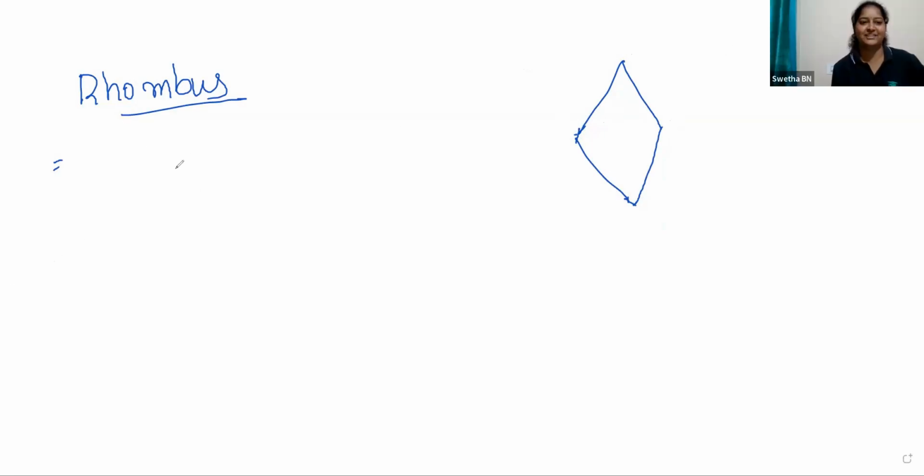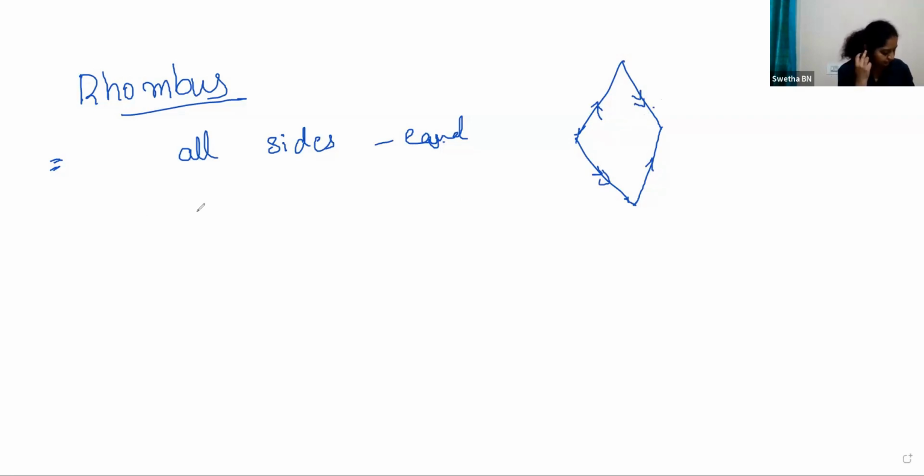Yes, all sides are equal. Then opposite sides are parallel to each other. These two are parallel and these two are parallel to each other. And which angles are equal here? Or all the angles are equal? No. Opposite angles are equal.